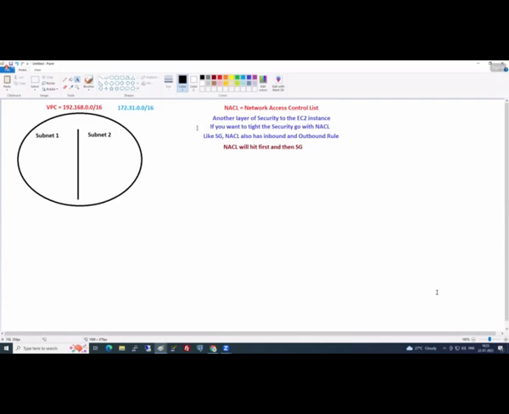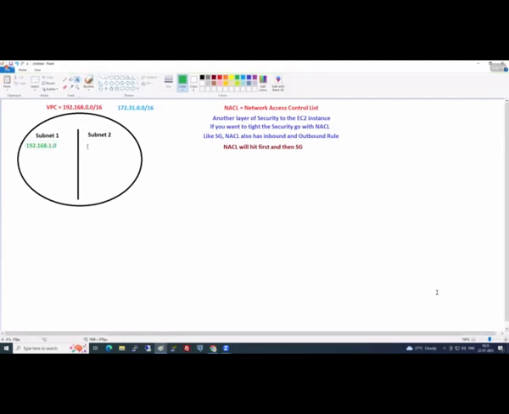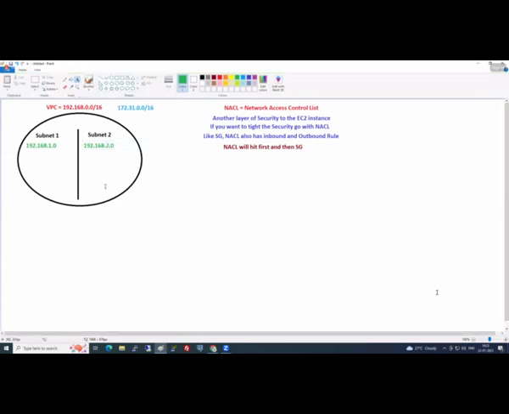And the subnet range, I'll put it here, 192.168. Here in the VPC, 0.0 is there, no? Instead of 0.0, we'll put 1.0. Here we put 192.168.2.0. Like this, 3.0, 4.0, 5.0, 6.0, 7, 8, 9, 10, up to 254.0.